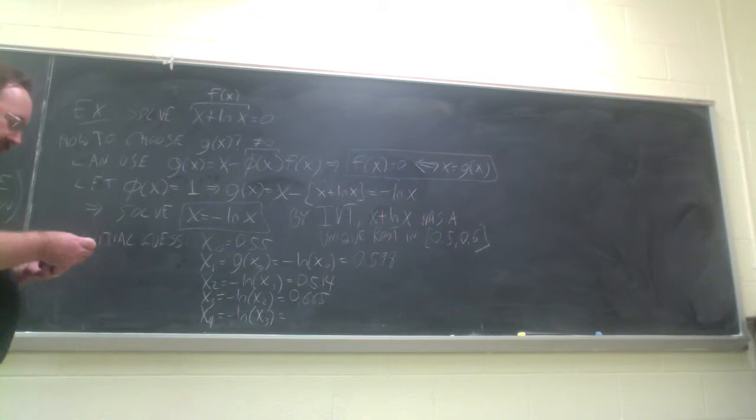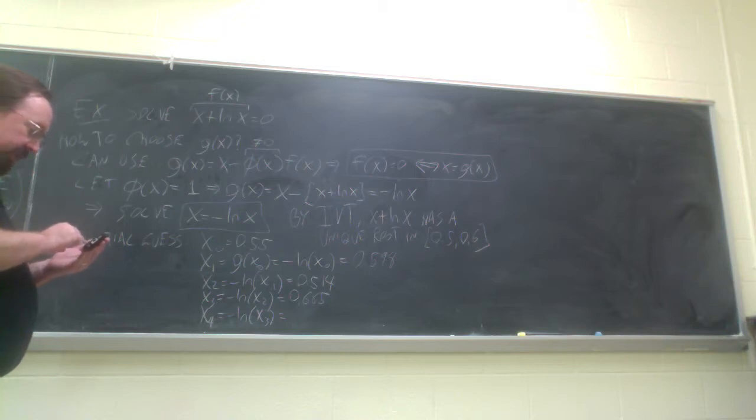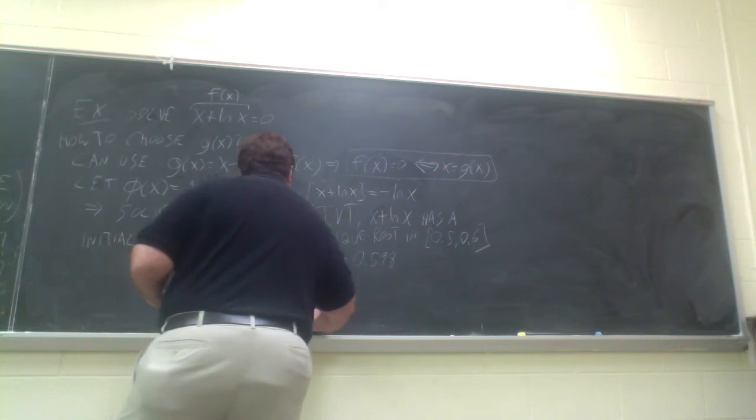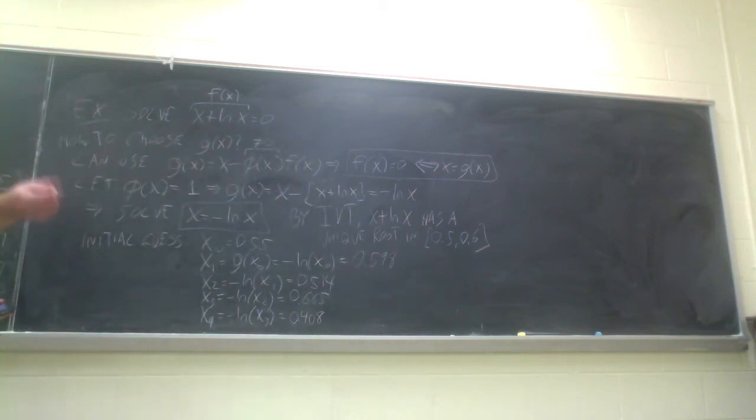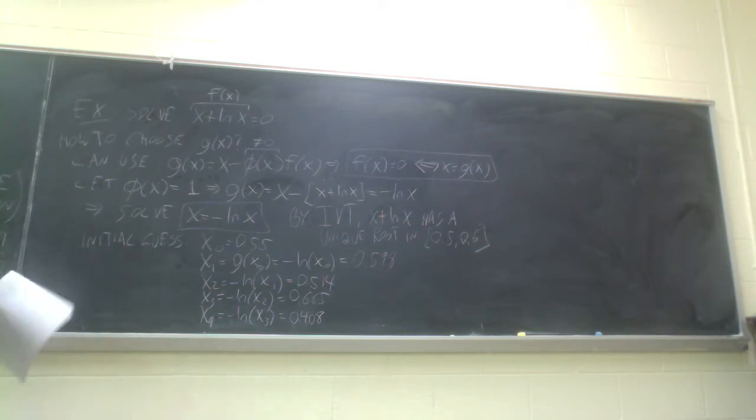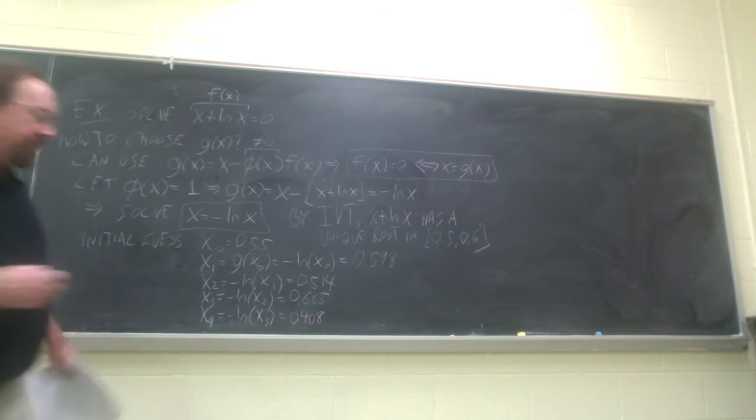I'll just use my handy calculator here. If I do 0.665, natural log of x, and negate that, I get 0.408. So again, outside the interval and going back the other way. The iterates seem to be bouncing around quite a bit, and there's no sign of convergence whatsoever.